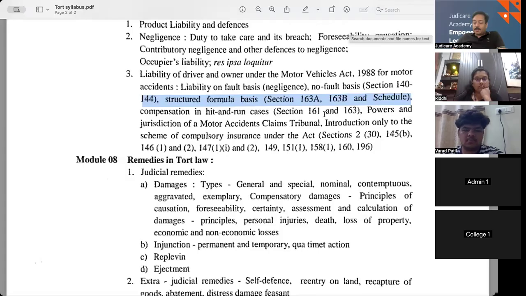So where, in pursuance of an arrangement between India and any such reciprocating country, a motor vehicle registered in the reciprocating country operates on any route or within any area common to the two countries, and there is in force in relation to the use of the vehicle in the reciprocating country a policy of insurance complying with the requirements of the law of insurance for the time being in force in that country, then notwithstanding anything contained in this section, or subject to any rule made under 164B, which we spoke of earlier, such policy of insurance shall be effective throughout the route or area in respect of which the arrangement has been made, as if the policy of insurance had complied with the requirements of this chapter.